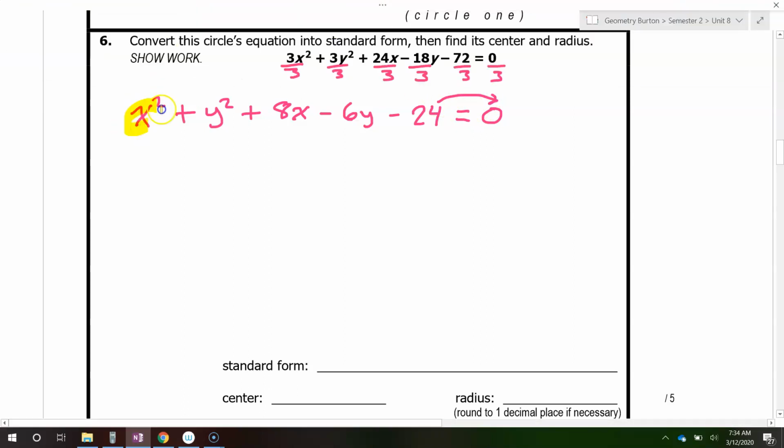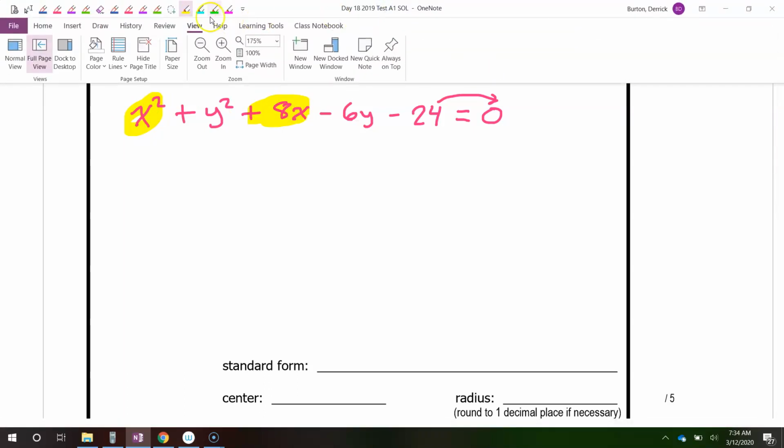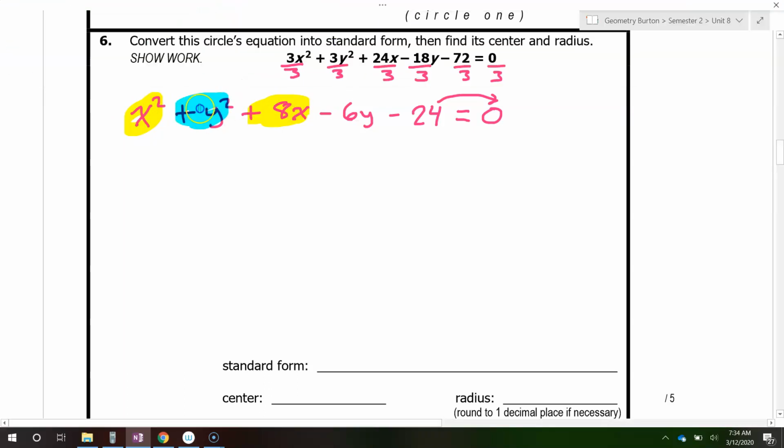So notice that we have the x's here and here. I'm going to rearrange those so they're side by side. I've got the y's here and here. So when I rearrange this, I'm going to have x squared plus 8x. I'm going to leave a space right here.